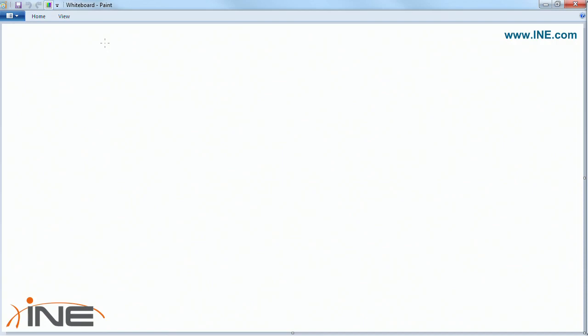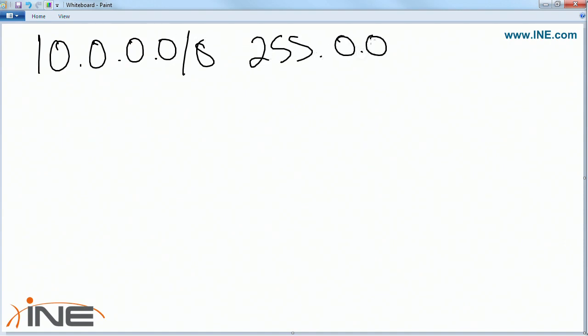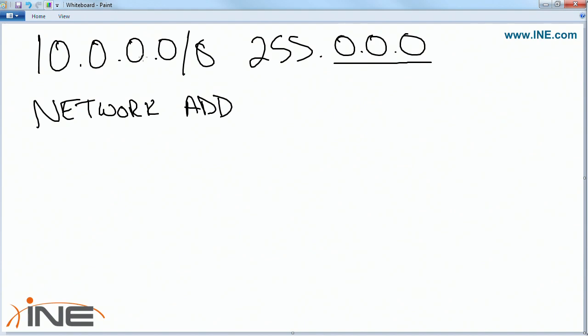So if we had the network previously that was 10.0.0.0/8, which again has the subnet mask of 255.0.0.0, it means that the network address is going to be when the host has all zeros in the second, third, and fourth octet. So the network address of 10.0.0.0/8 is simply 10.0.0.0.